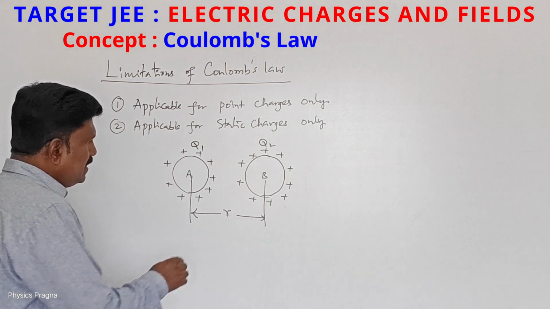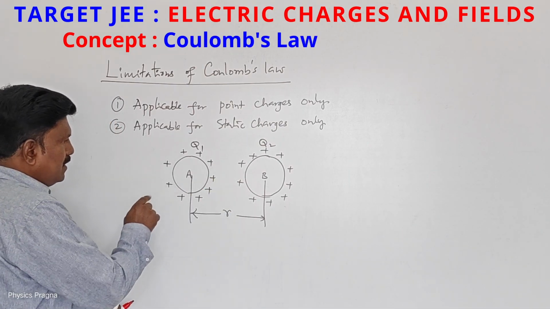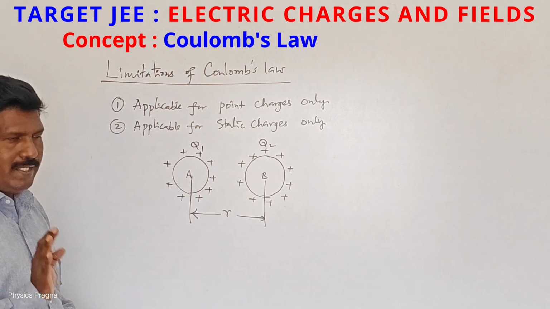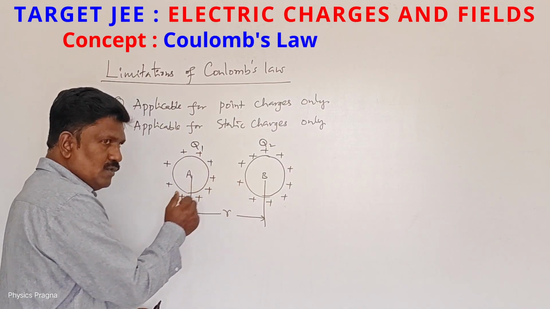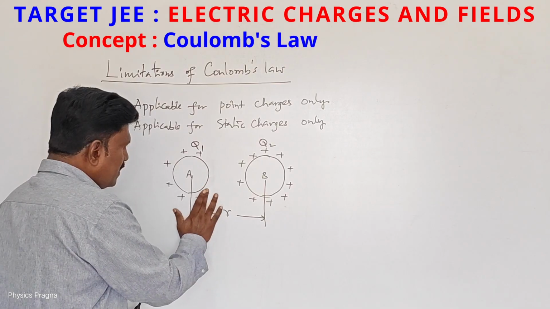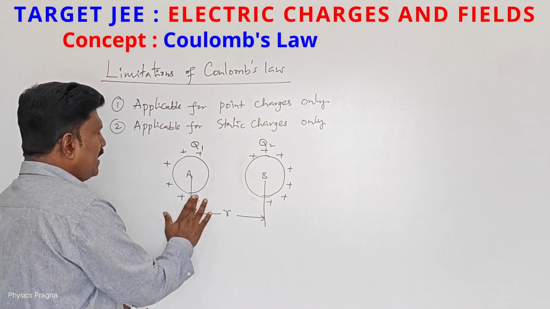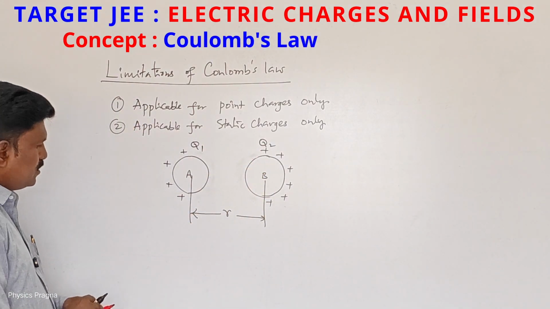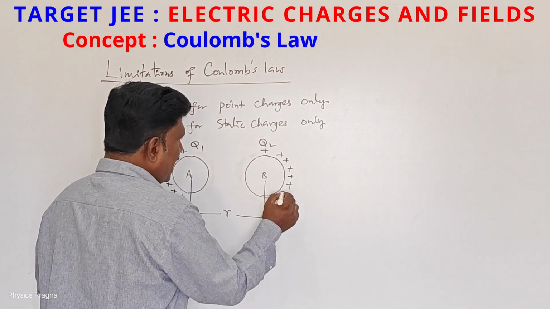Why? Because here the positive charges come closer than the positive charges on the other side of the sphere. When like charges, positive charges, come closer, they repel each other. Because of repulsion, what happened? They will be repelled and move back from their positions. So charges will be going back, going behind.